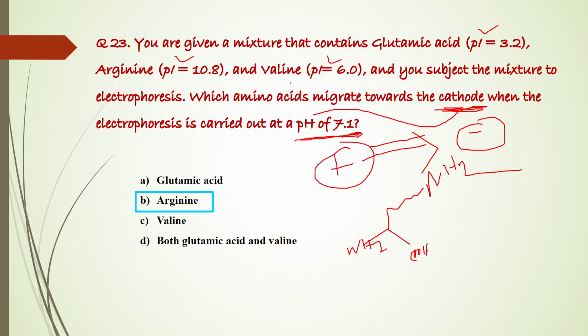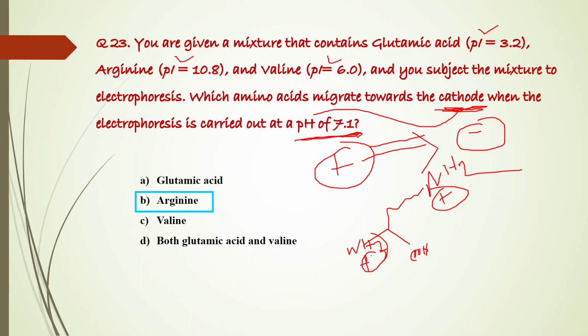As the pH is less than the pI, this arginine is remaining in its protonated form. That means everything is protonated. The COOH group will remain as COOH, the NH2 group will remain as NH3 plus, and the side chain amine might also remain as NH3 plus because the pH is less than their pI values.